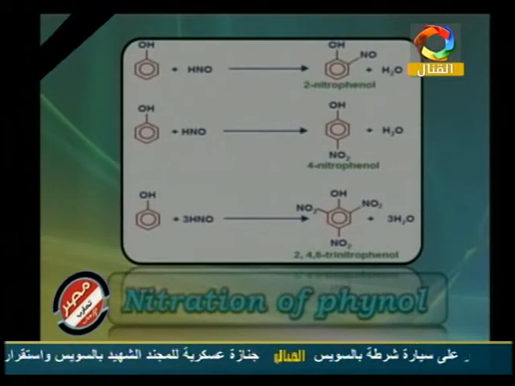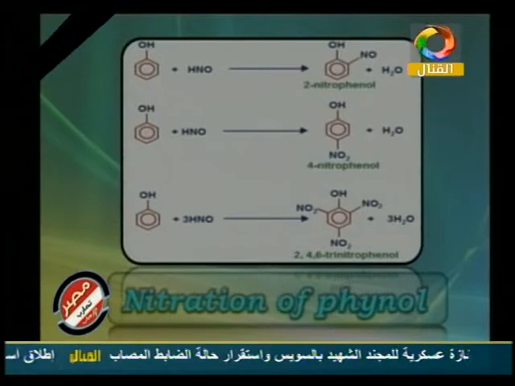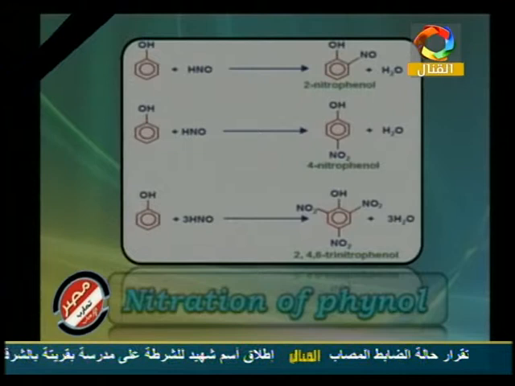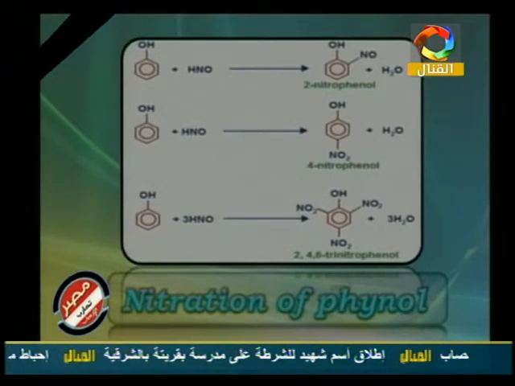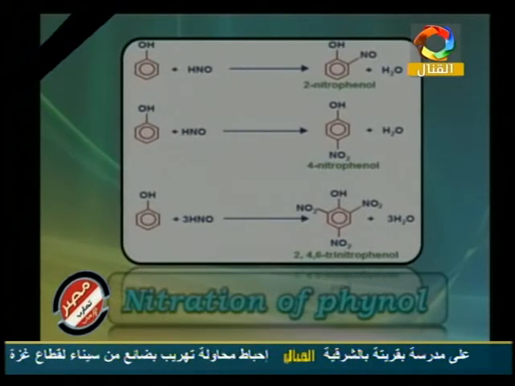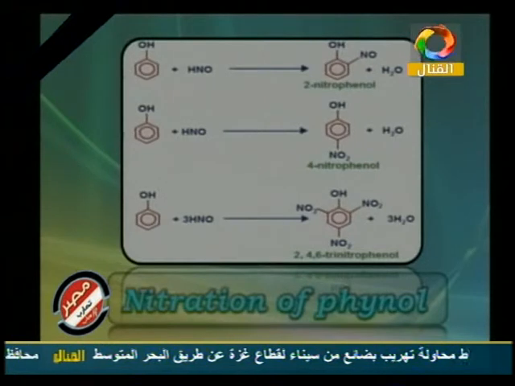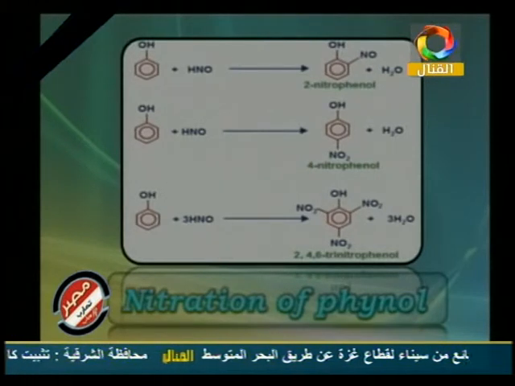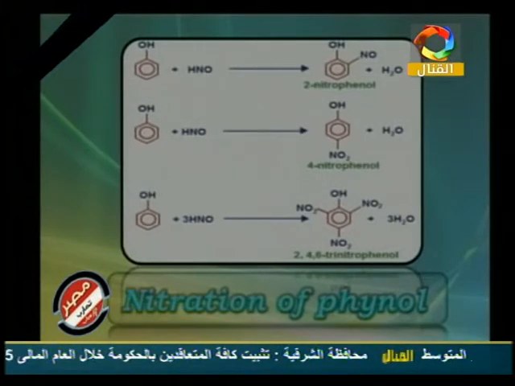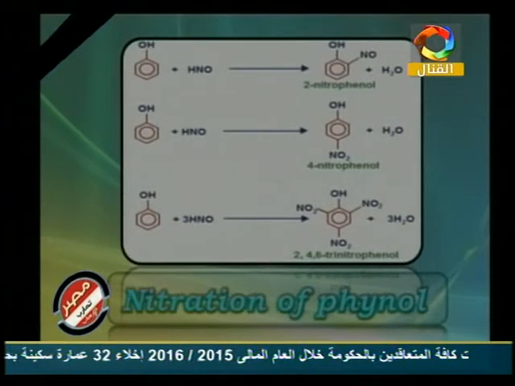So the OH makes the NO2 group, the nitro group, go on carbon number 4 in the benzene ring, plus H2O. So in the last step we have phenol that reacts with 3HNO3. So here the NO2 is directed to give 2,4,6-trinitrophenol. It's called picric acid.